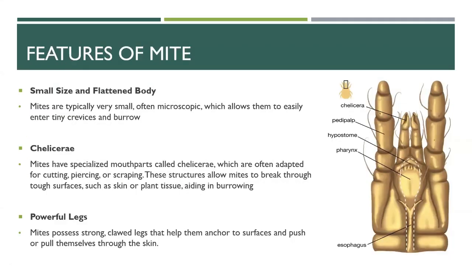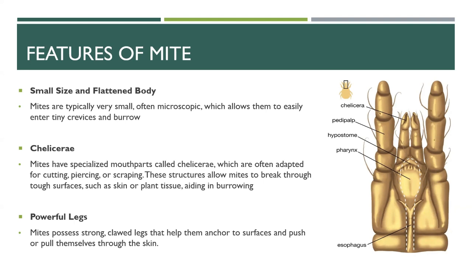For us to understand the disease, we also have to understand the causative agent, or the parasite in this case, which is the mite. The mite has certain features that enable it to cause this sort of disease, or the burrowing itself. First of all, it has a very small size, and we'll see how big the female mite is. It has a small size and flattened body, and this enables it to move around and burrow through the skin.